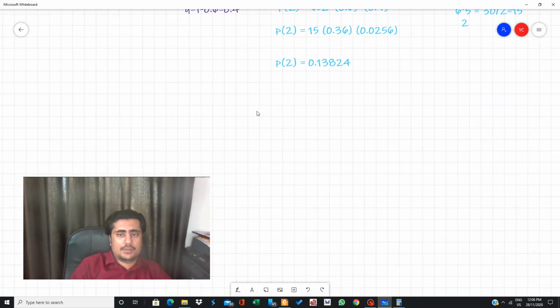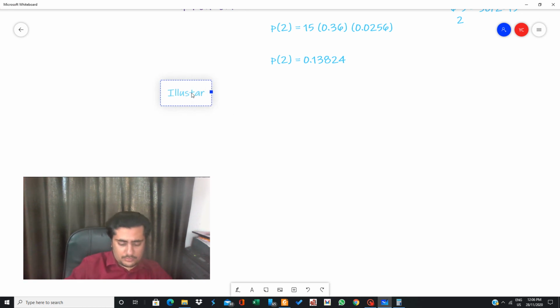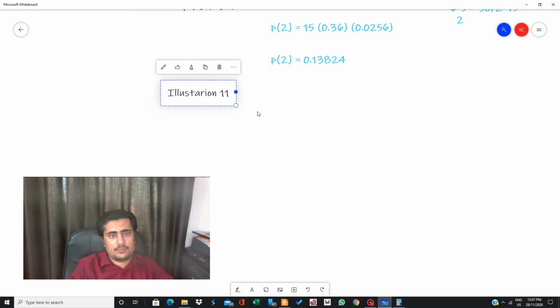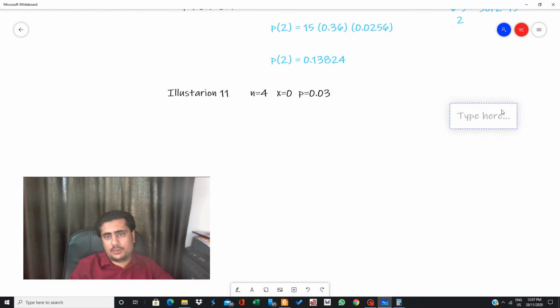So let us solve the question. This is illustration 11. What is given? Your n is 4, your x is 0, p is 0.03.